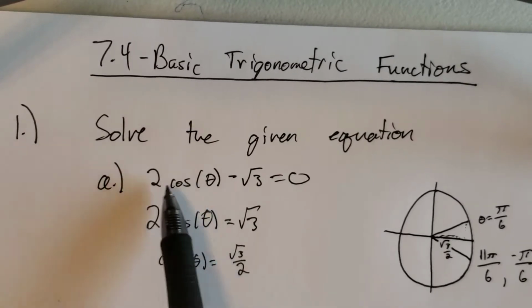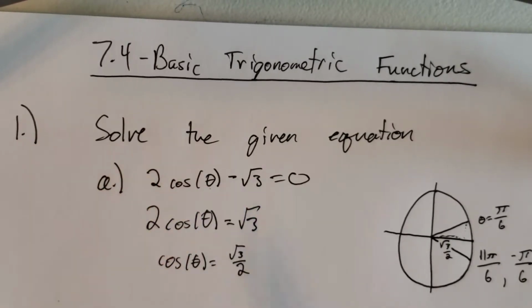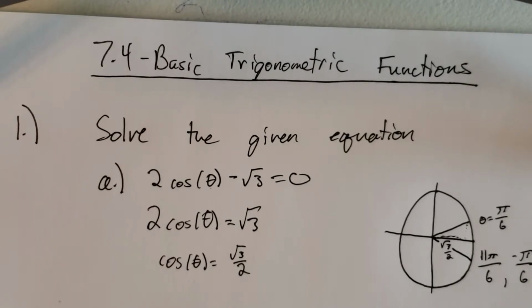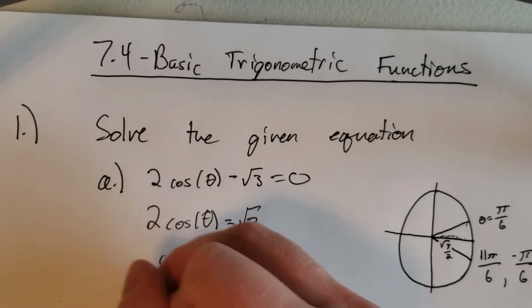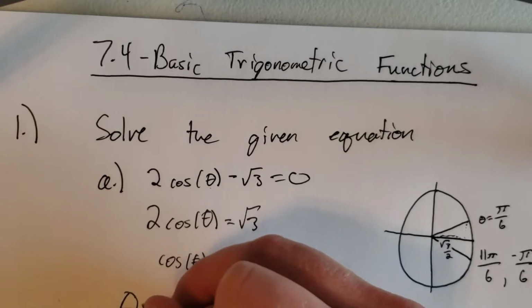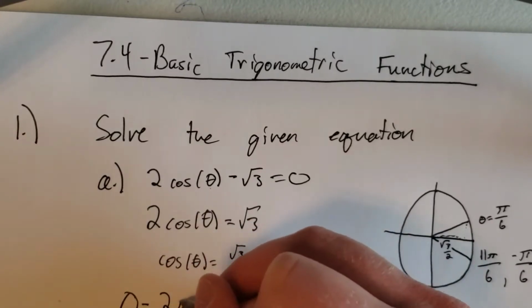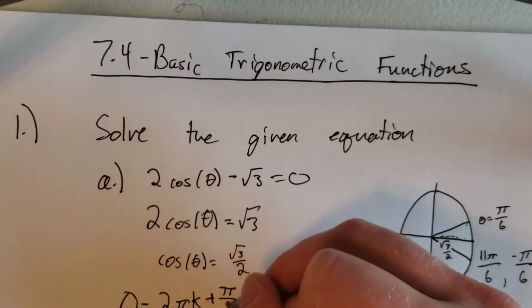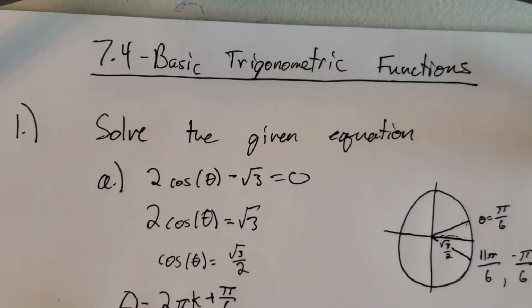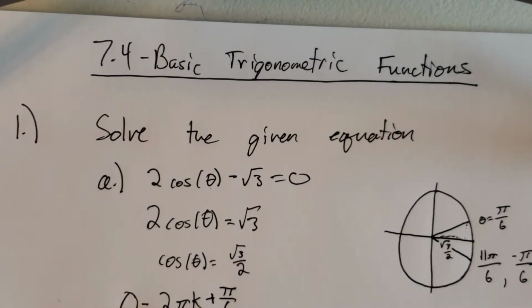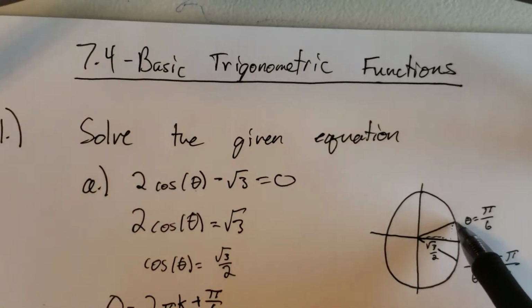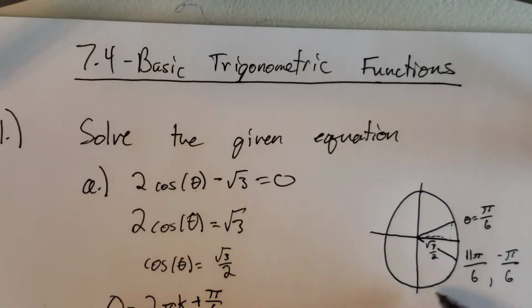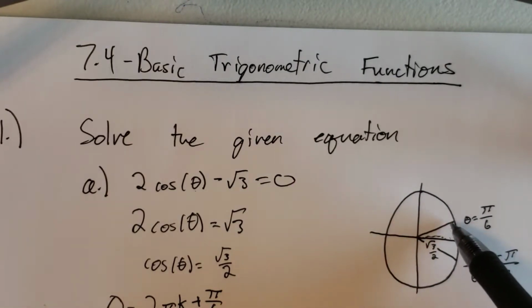Except we're trying to solve this equation up here for all possible theta. And as it turns out, the way we deal with this is we say 2 pi k plus pi over 6 is a solution. What is this 2 pi k? If we look at the unit circle over here, if we start at pi over 6 and then we go around 2 pi, we end up back at the same spot.